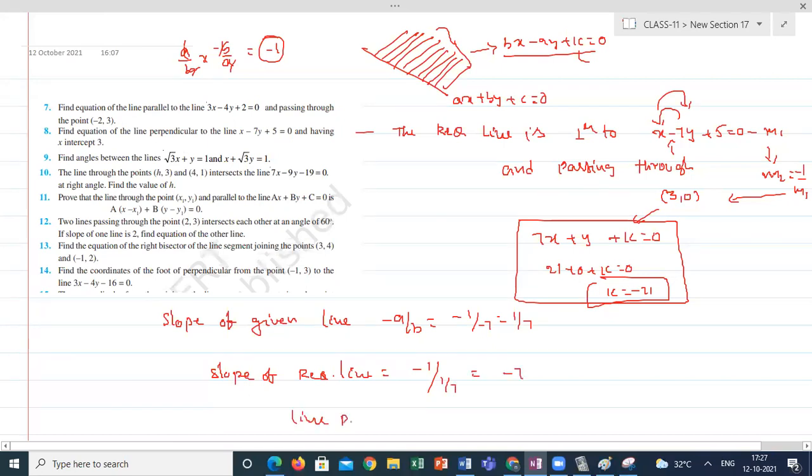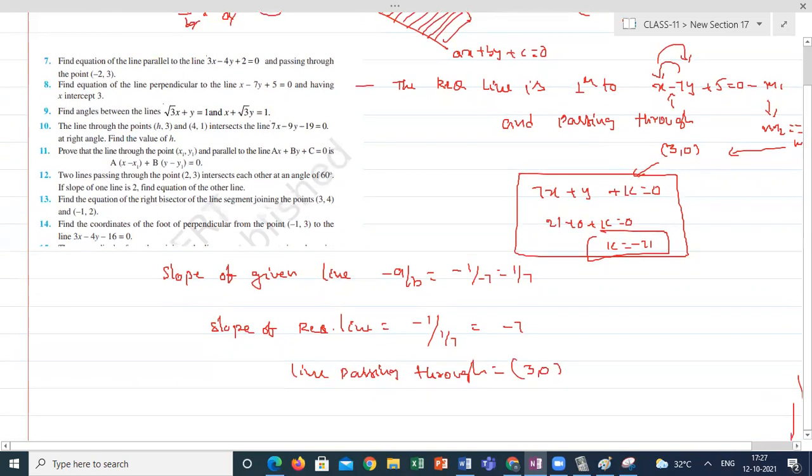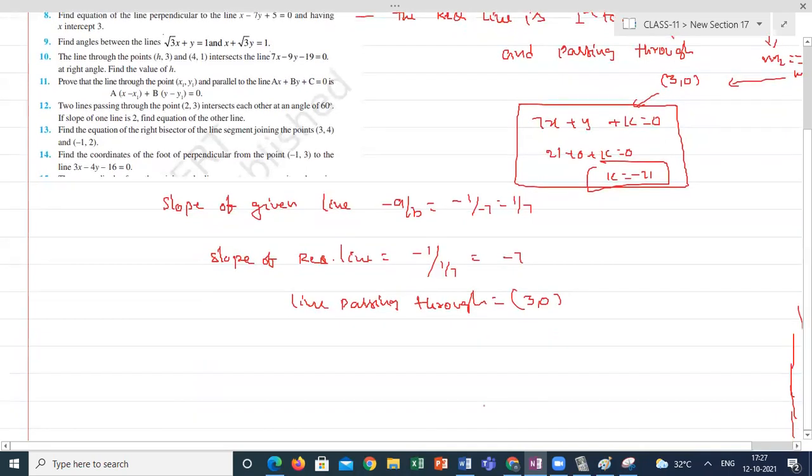Line passing through (3, 0), because x-intercept means it is one point on the line. The meaning of intercept is where it is meeting the x-axis. So y minus 0 is equal to minus 7 into x minus 3. This will be y is equal to minus 7x plus 21. So 7x plus y minus 21 is equal to 0.